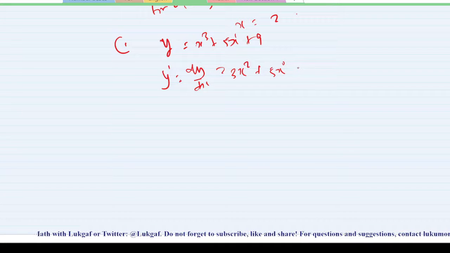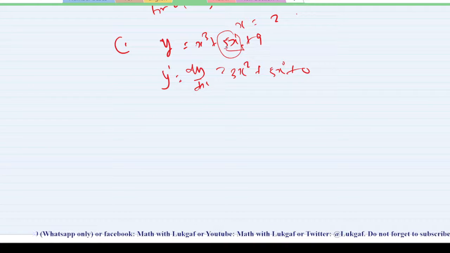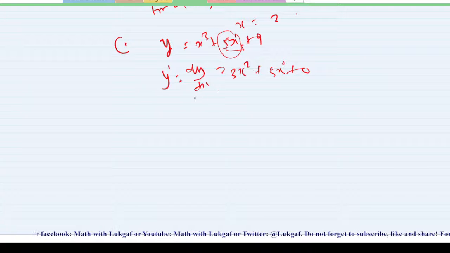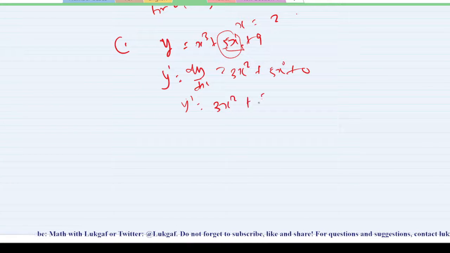Derivative of 9, a constant, will give me 0. If you have to differentiate this type of expression, just write the constant alone. So my y prime is 3x squared plus 5. That's our first order derivative.